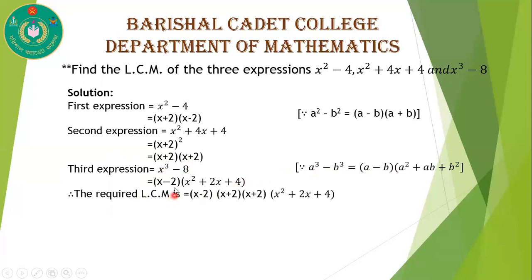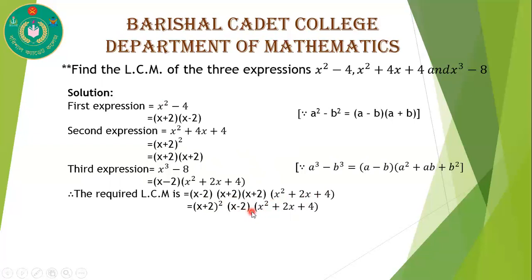Then the required LCM. Here we can see x minus 2, x plus 2, x plus 2. That means we can write x plus 2 into x plus 2 and x square plus 2x plus 4. Calculating this, we can write x plus 2 whole square into x minus 2 into x square plus 2x plus 4.